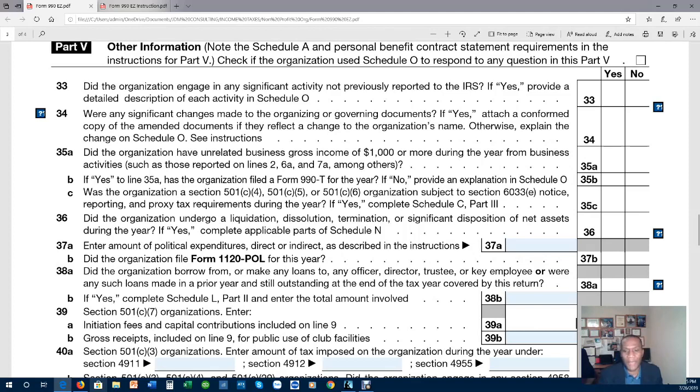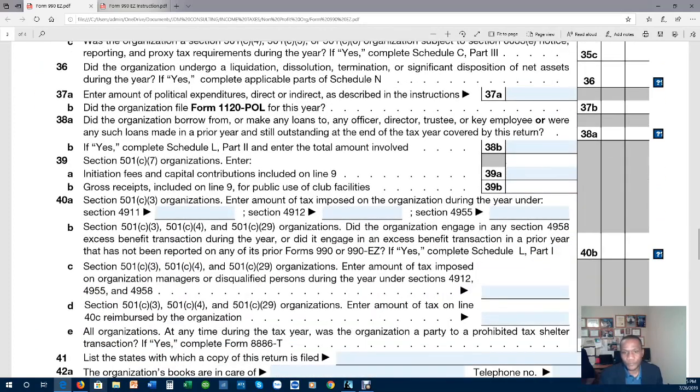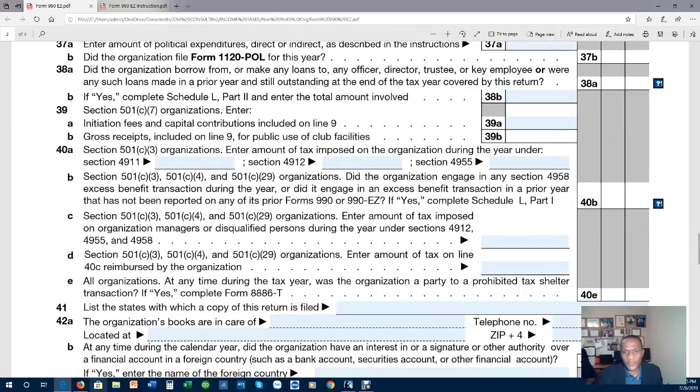This is called capital contributions, or how you raise money from other sources as capital. And 39B, gross receipts included on line 9 for public use of the club's facilities. Then 40, section 51, and so forth.